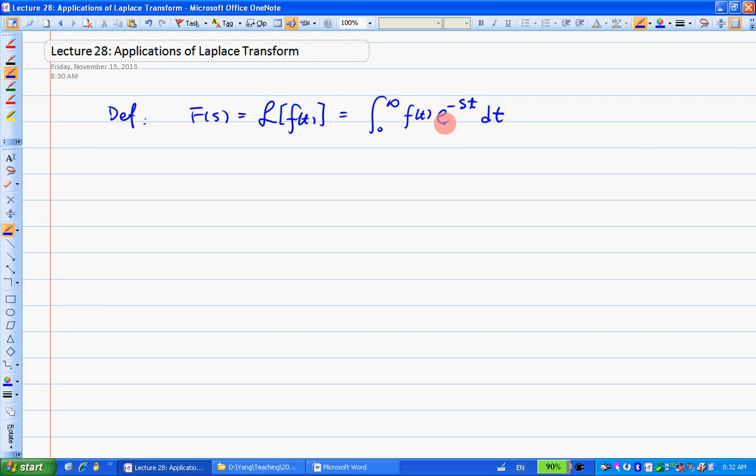The way to transform that is just through this integral here, and so your time function f of t becomes an s function F of s, and s is a complex number. Okay, so this is a Laplace transform.